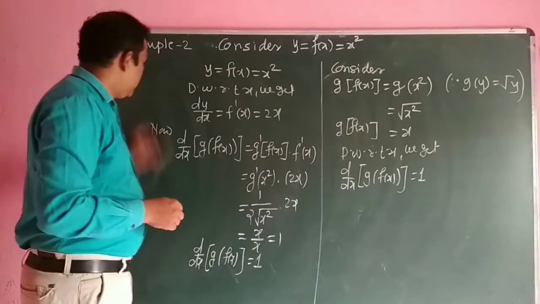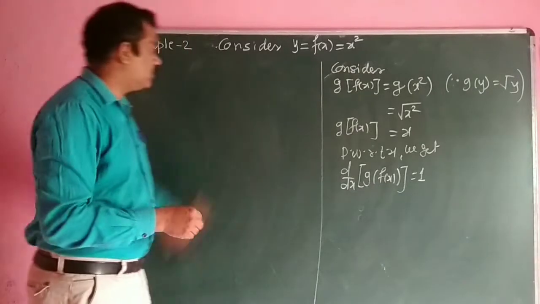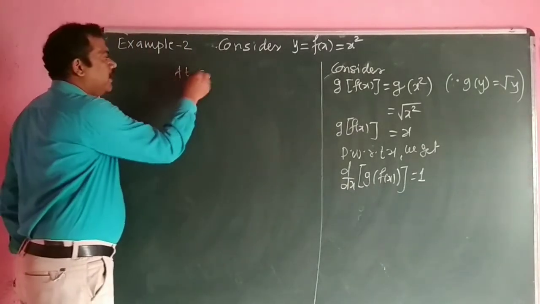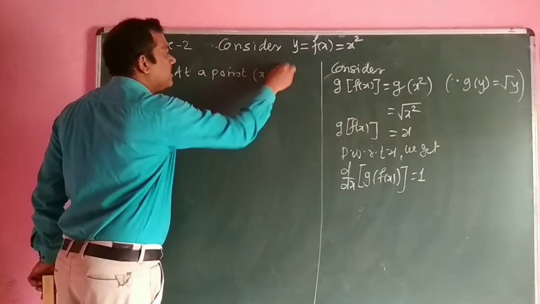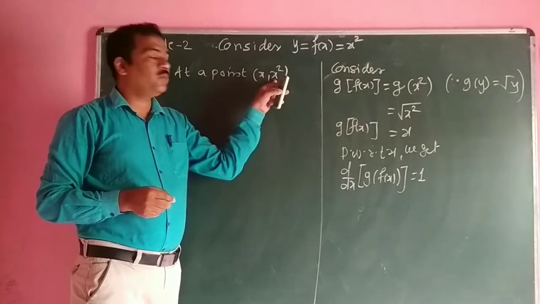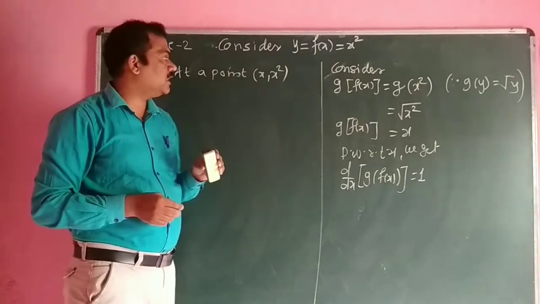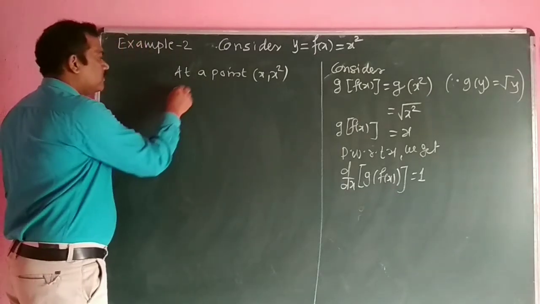Now see here, at a point x square, x coordinate as it is, y is equal to x square. Already we have considered the function at a point x square on the curve.